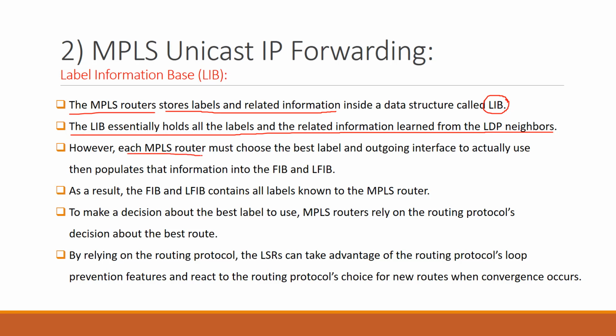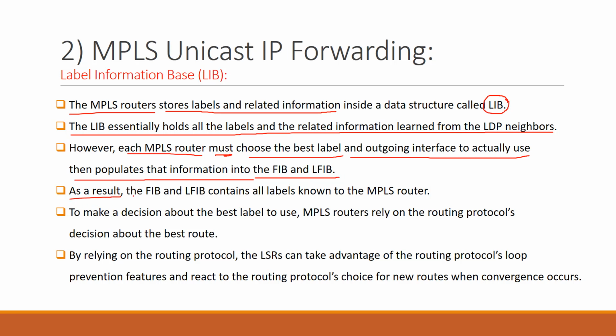However, each MPLS router must choose the best label because it received a lot of labels from different LDP neighbors. So which one is best for this specific IP prefix? These labels should be stored first in a data structure. Then the MPLS router must choose the best label and outgoing interface to use, then populate that information into the local LFIB and FIB.